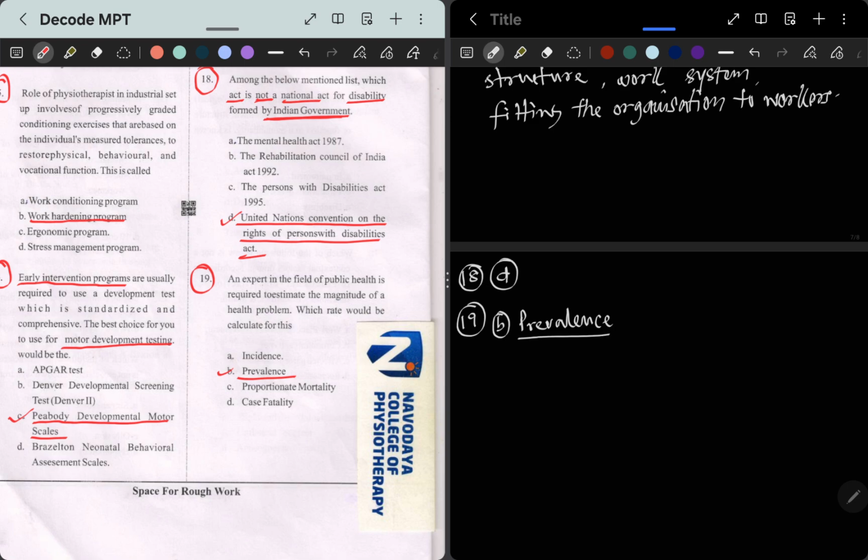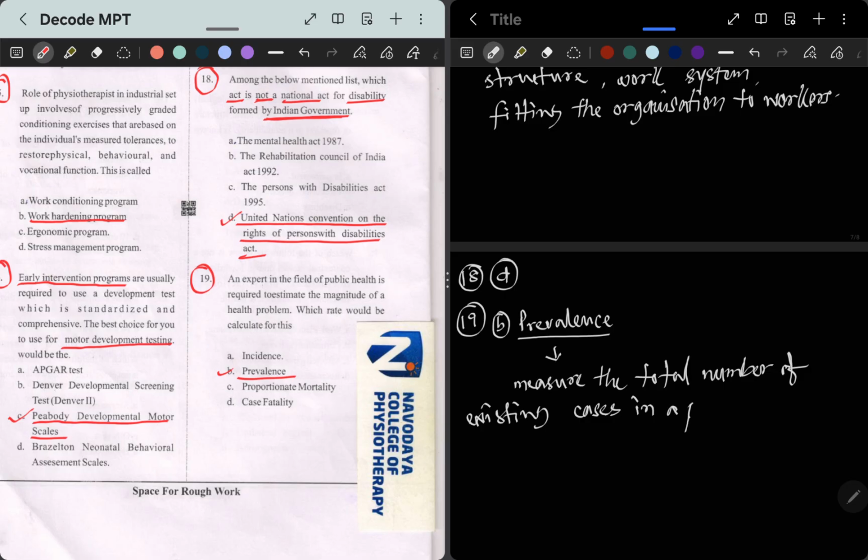Why? In epidemiology, prevalence measures the total number of existing cases in a population at a given time.